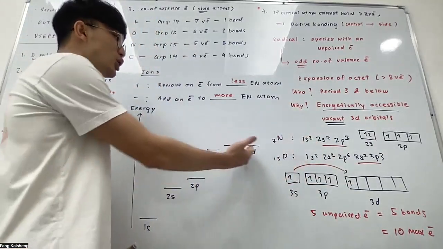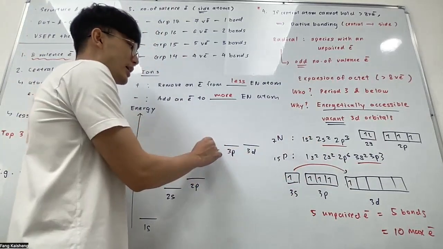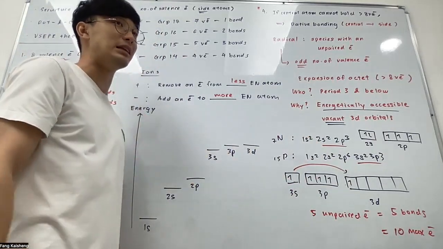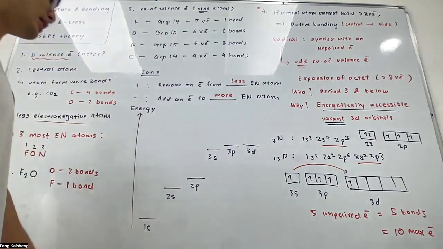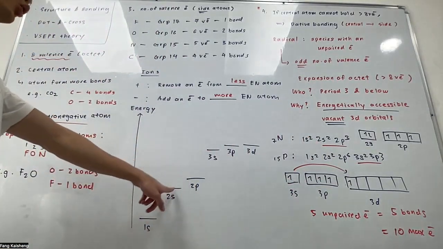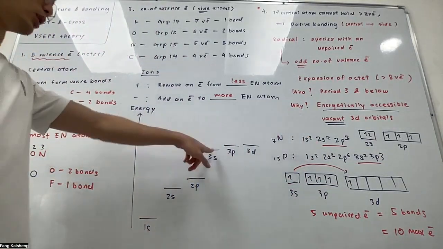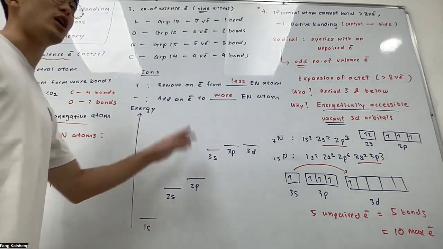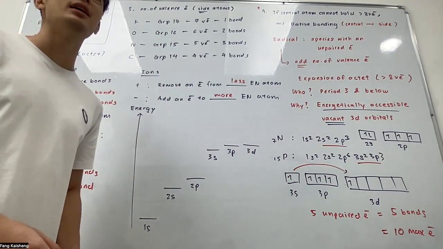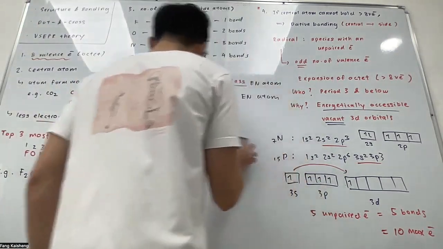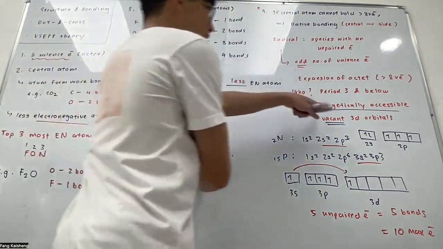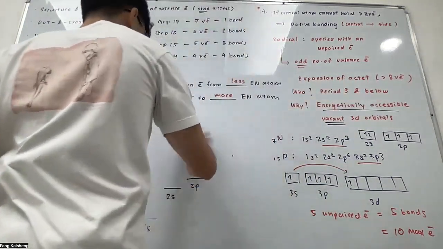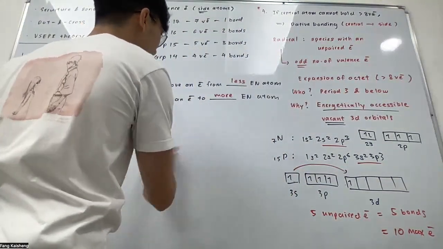It means that the energy levels are so close to one another that an electron can jump to the other one very easily. Compared to, let's say, is it possible for a 1s electron to jump to 3s? Not possible, right? Because they have such a large energy gap, so it's definitely possible over there. So that's what energetically accessible means. All you need to write in the exam is just this sentence, and then you get your answer. You can justify why they can expand their octet.